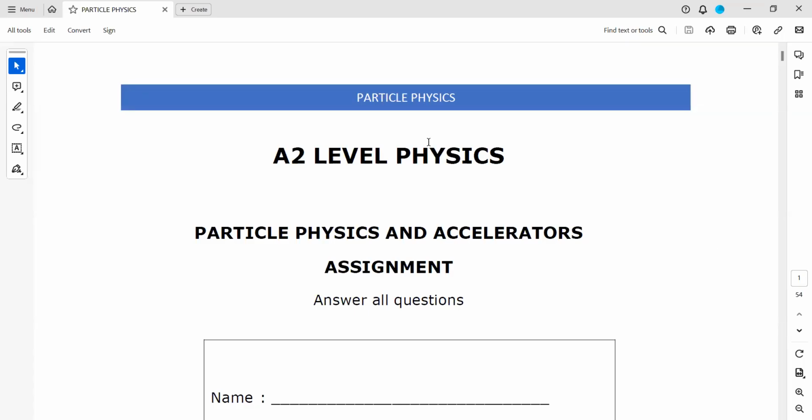So the doubts related to exercise, particle physics and accelerator, the structure questions. First is page number 20, question 15.